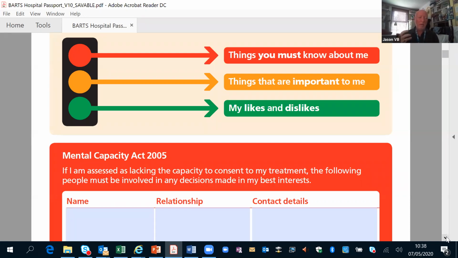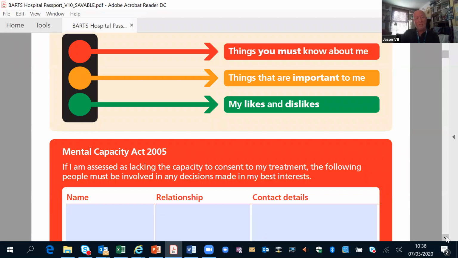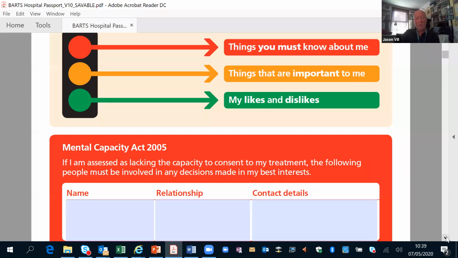We need some way for someone with a learning disability, who may have serious communication problems, thinking about Nicola's presentation about pain, to share as much information as possible with the team caring for that person. It's really important, and that's basically what the hospital passport does.